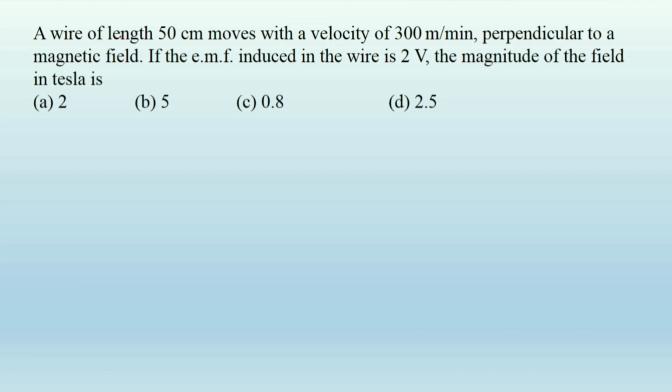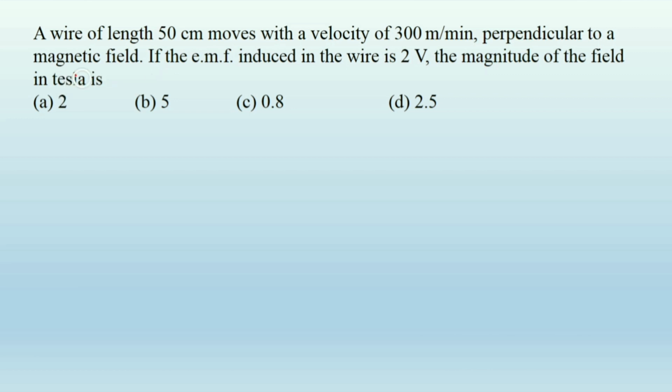A wire of length 50 centimeter moves with a velocity of 300 meter per minute perpendicular to a magnetic field. If the EMF induced in the wire is 2 volt, the magnitude of the field in Tesla is.